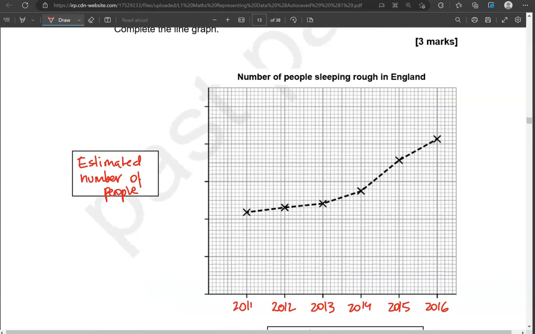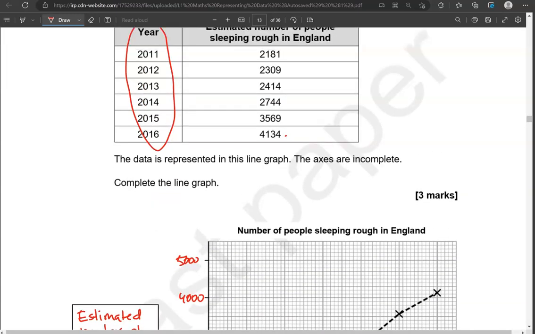So 1,000, 2,000, 3,000, 4,000, 5,000, and let's check. So the first one for 2011, that is about 2,100, 200, and that is correct.